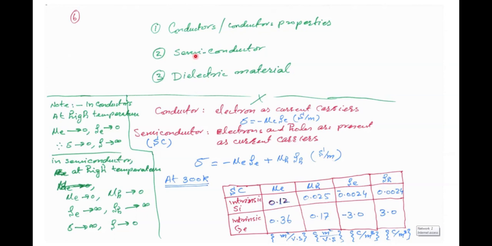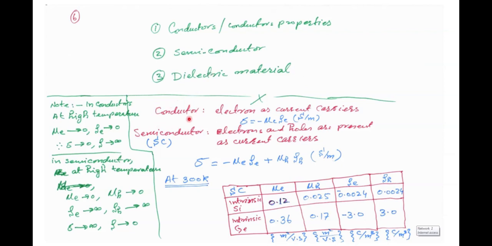The holes and electrons move in opposite directions to each other but constitute a unidirectional current. In the coming lectures, we will discuss semiconductors and compare the properties of this material with the properties of a conductor using the concept of conductivity. Then we will develop the theory for dielectric material.